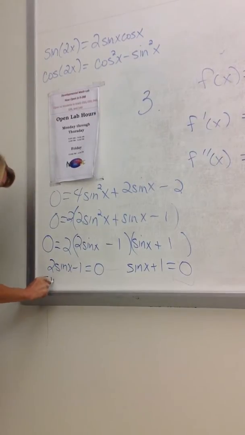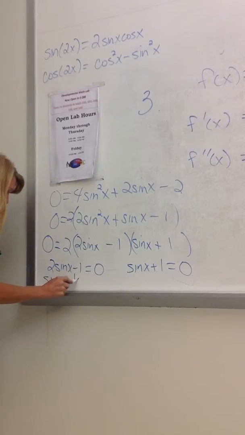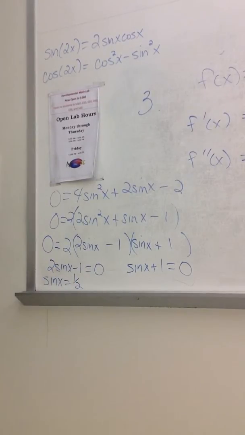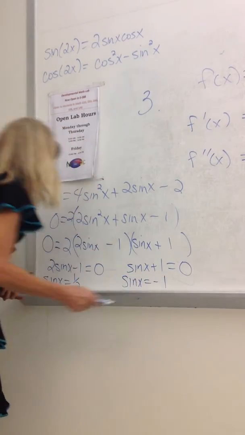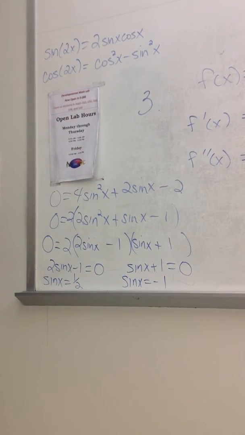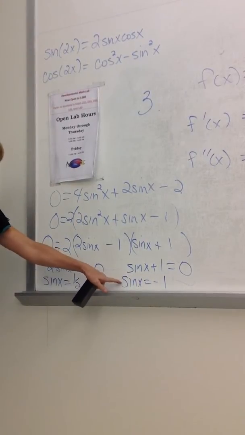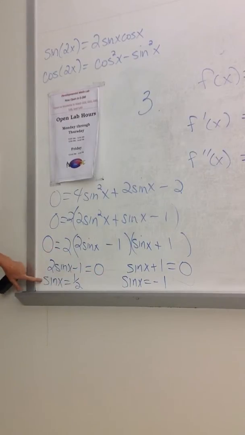This asks me to find where sine of x equals a half, because I added 1 and then divided by 2. And this asks where sine of x is equal to minus 1. So we're going to have some duplicate values here, and then we're going to get a couple new values in our set from here.